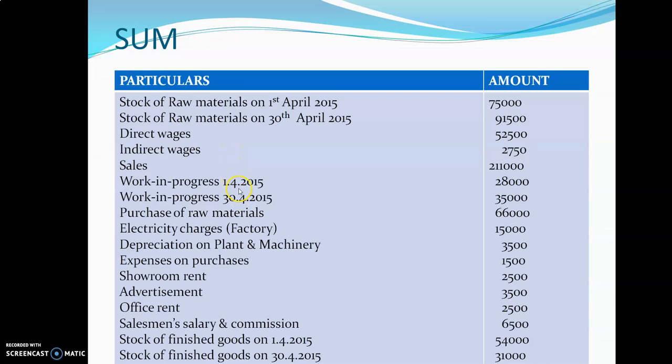Then work in progress, opening and closing both. Then electricity charges, factory, it will come. Then depreciation on plant and machinery, as I told, plant and machines are used in factory. So depreciation on plant and machinery will come under factory overhead. Expenses on purchase we have already done, and these things are the expenses which will not come under factory overhead.